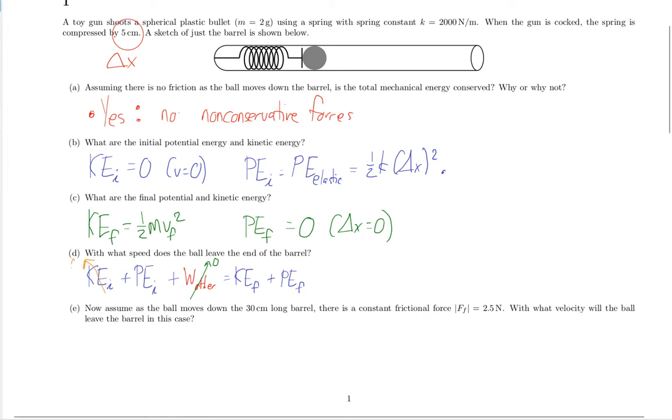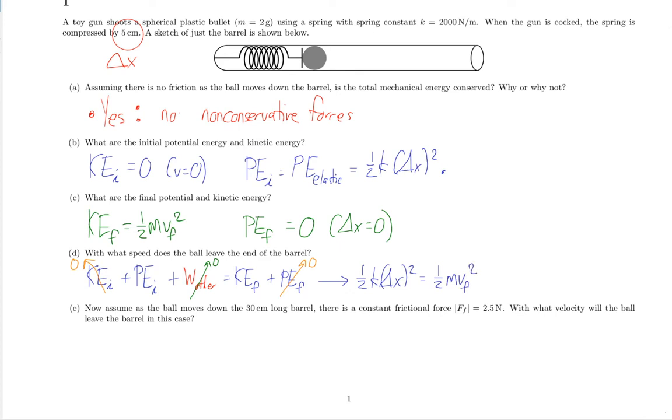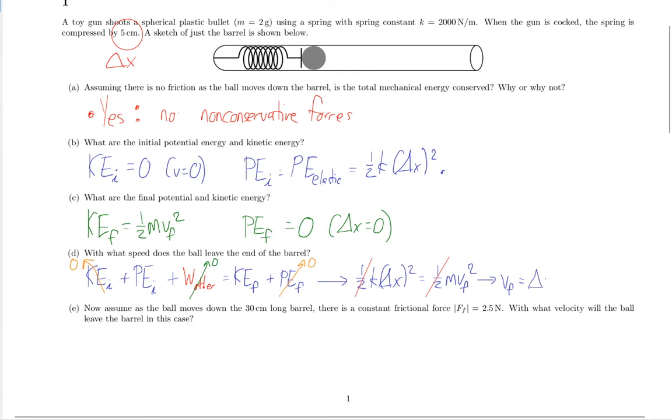There's no initial kinetic energy and no final potential energy. So this just gives me 1/2 k delta x squared equals 1/2 m v final squared. The 1/2s cancel, which tells me that v final is going to be equal to delta x times the square root of k over m.